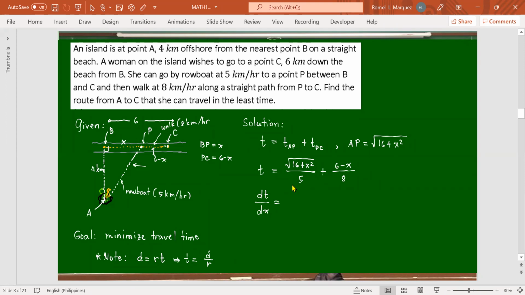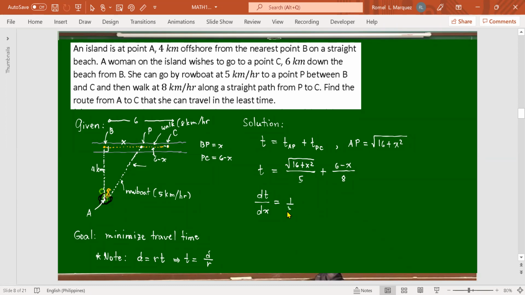Because according to the absolute max-min theorem, if a function is continuous on a closed interval, it can have a minimum or a maximum attainable at a critical number or at an endpoint. Okay? 2x plus, yung 1/5, I can put it out.